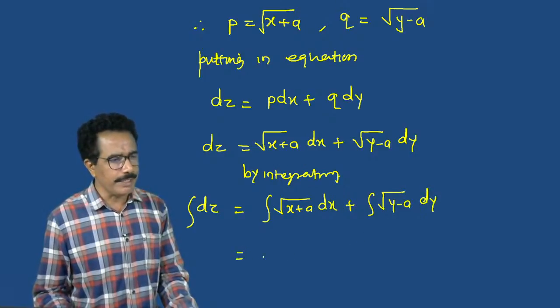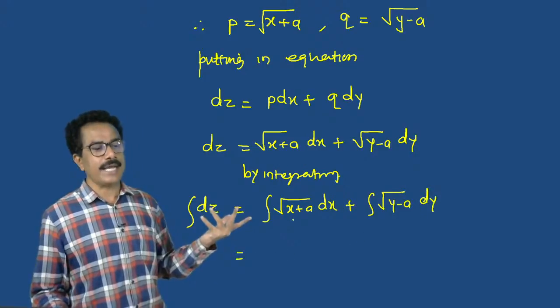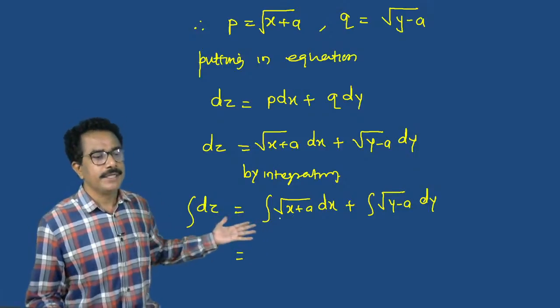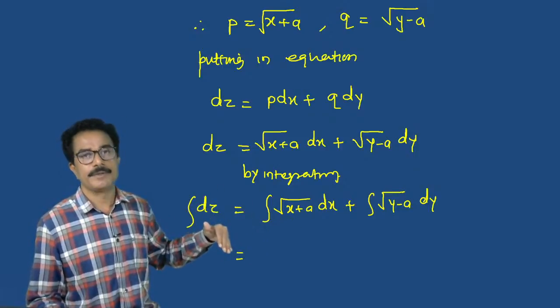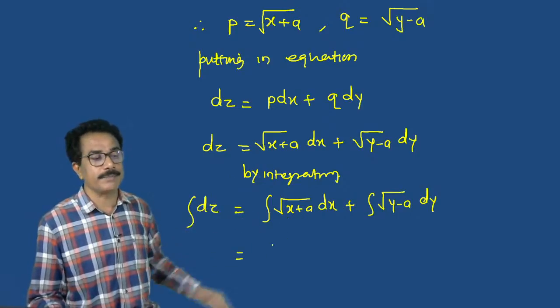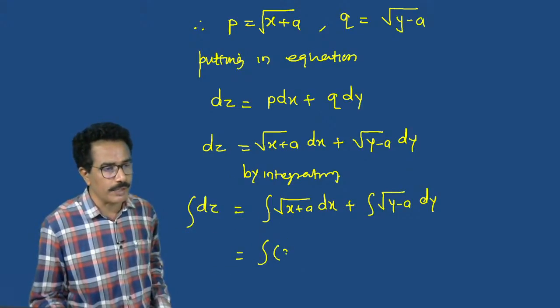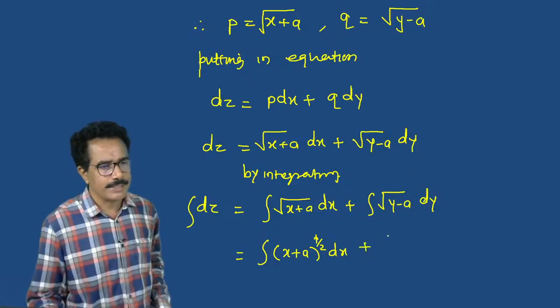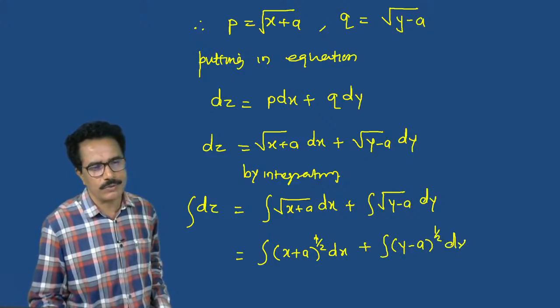What is the integration of root x? The derivative of root x is 1 by 2 root x, but for integration of root x we have to write x plus a raised to 1/2 dx plus integration of y minus a raised to 1/2 dy.